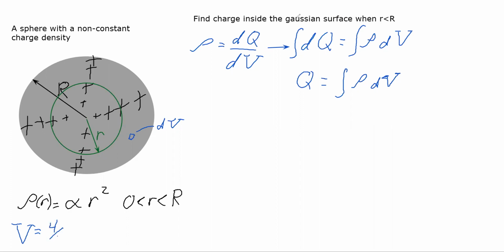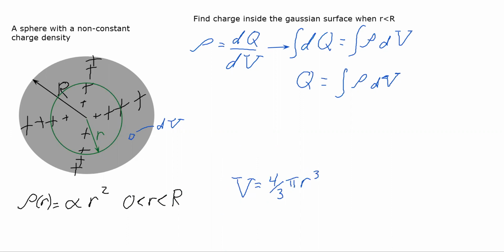Volume for a sphere is 4/3 pi r cubed, right? So that's the equation for the volume of any sphere. I'm going to run out of space here, so let me move this over. I might have to erase this. Okay, so 4/3 pi r cubed.